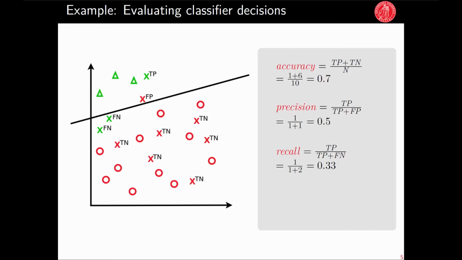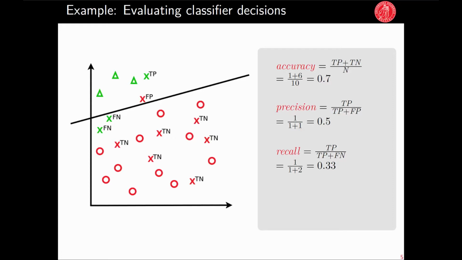And it's typically also the case that, depending on what we want to use the classifier for, we might care more about one or the other. So for our spam filter example, we probably care about both precision and recall. But let's say we had a classifier that had the task of helping us identify cancer diagnosis, for example.